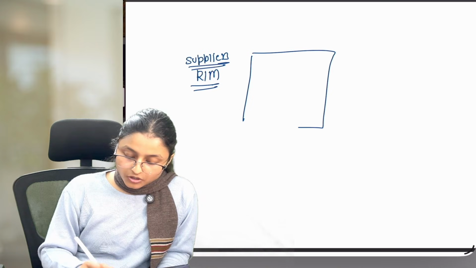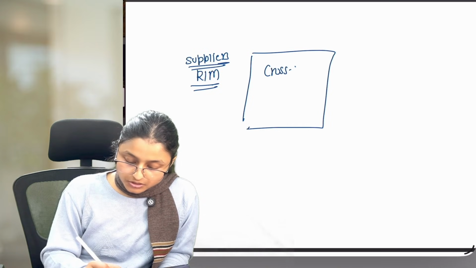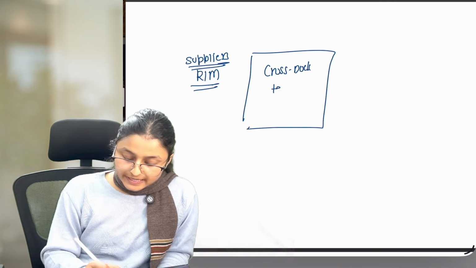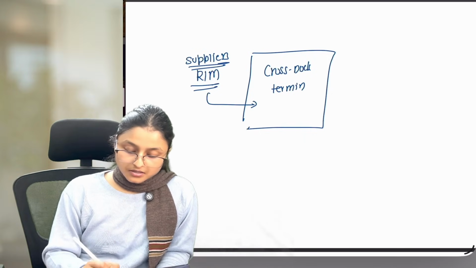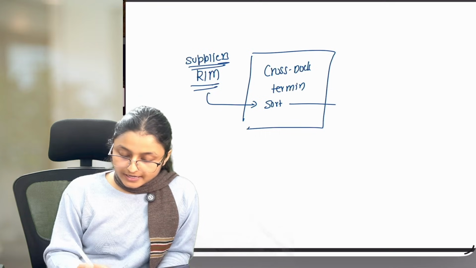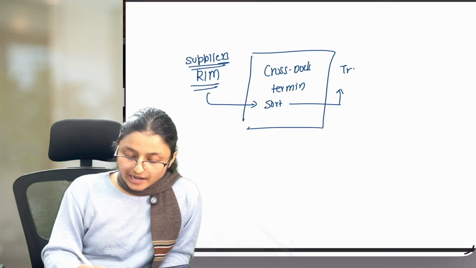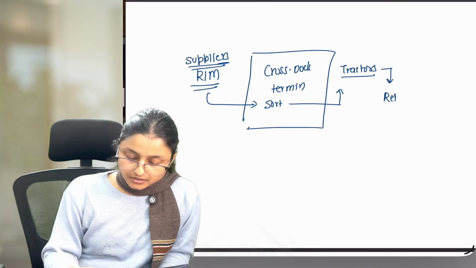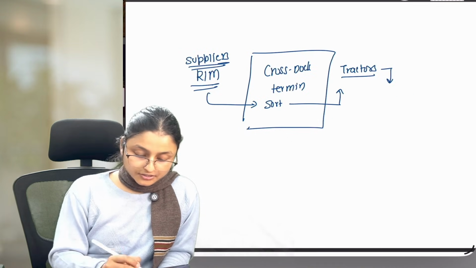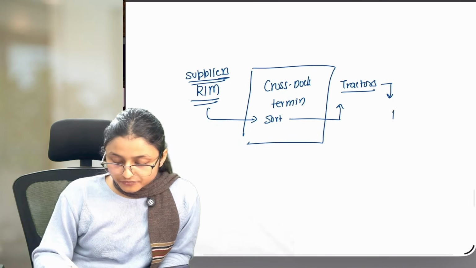They will supply all of the raw material in the cross-dock terminal, and the cross-dock terminal will unload the products, sort it, and reload it in the tractors who will take the product to retailers, or in our case, that is John Deere's case, to different factories.